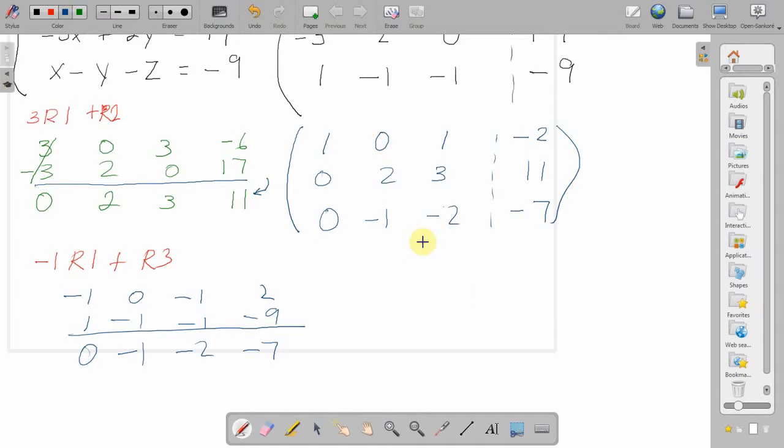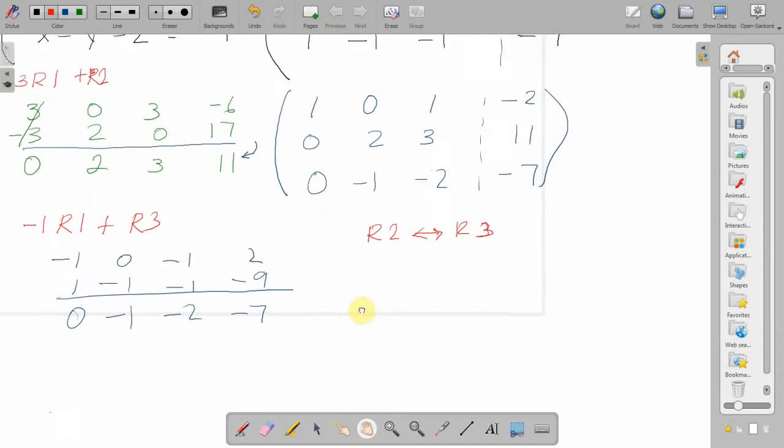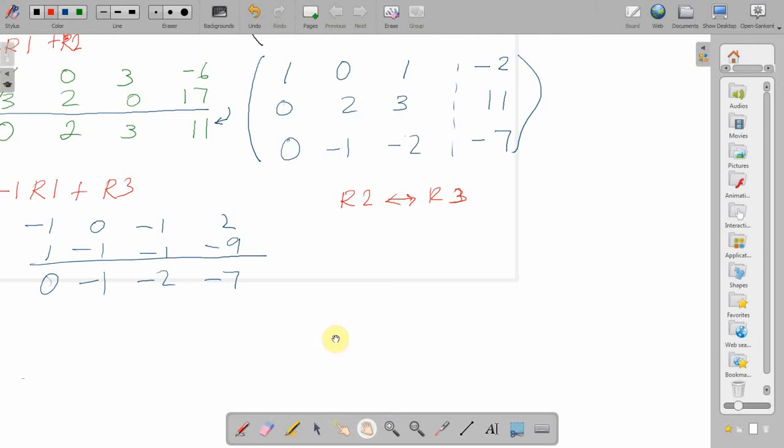Alright, so we're making progress, but we actually want a 0 here too. One thing we can do is another rule that says swap R2 and R3. Just change positions, because we want the 1 at the top.